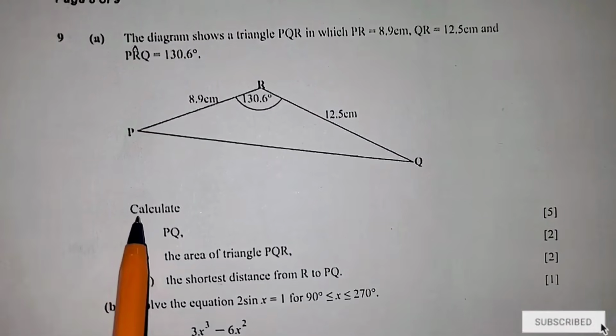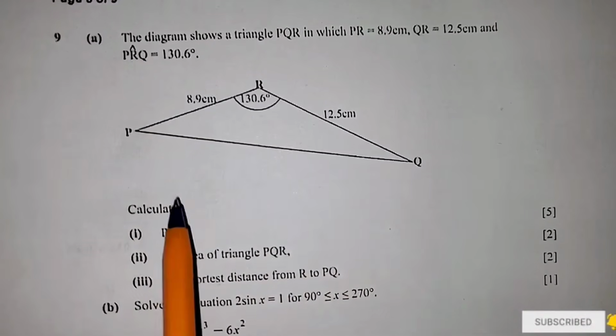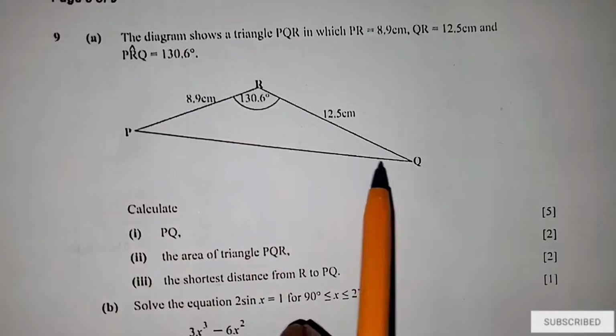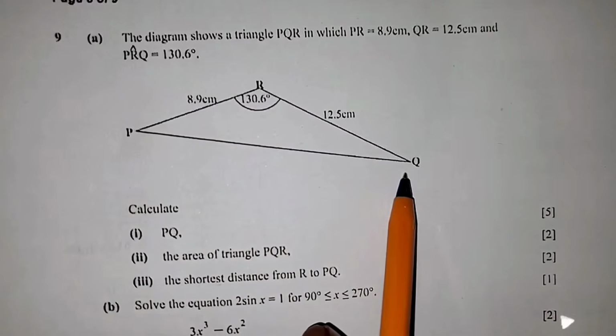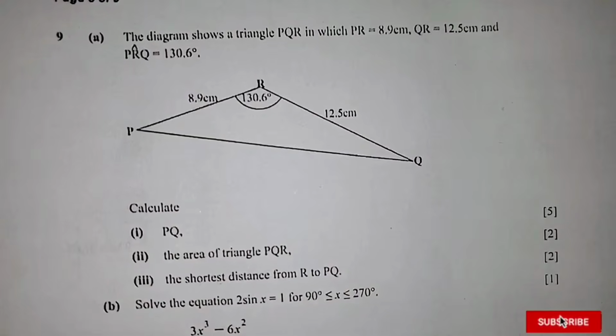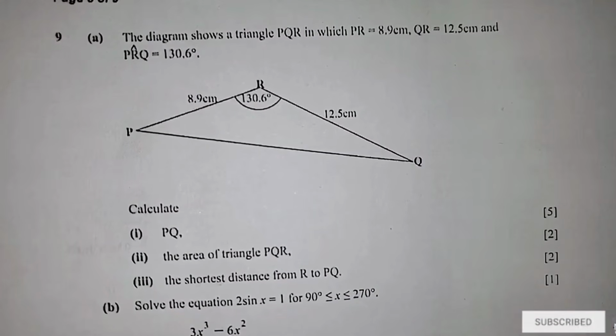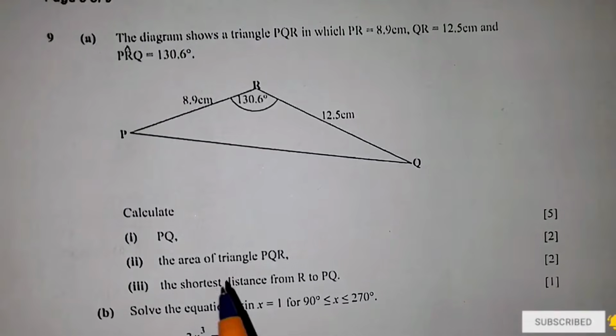The first question is to calculate the distance PQ. This is length PQ, so you're asked to find this distance. How can you find it? It is very simple. Number one, write the opposite sides.